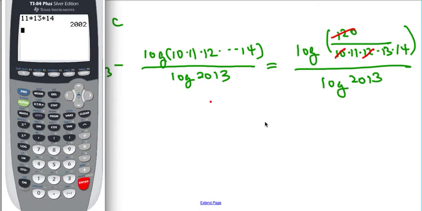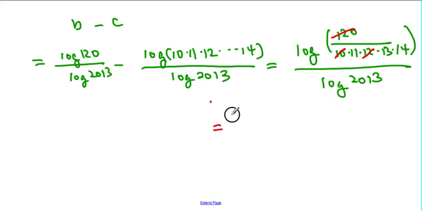So that's 2002, so this becomes log of 2002 divided by log of 2013.